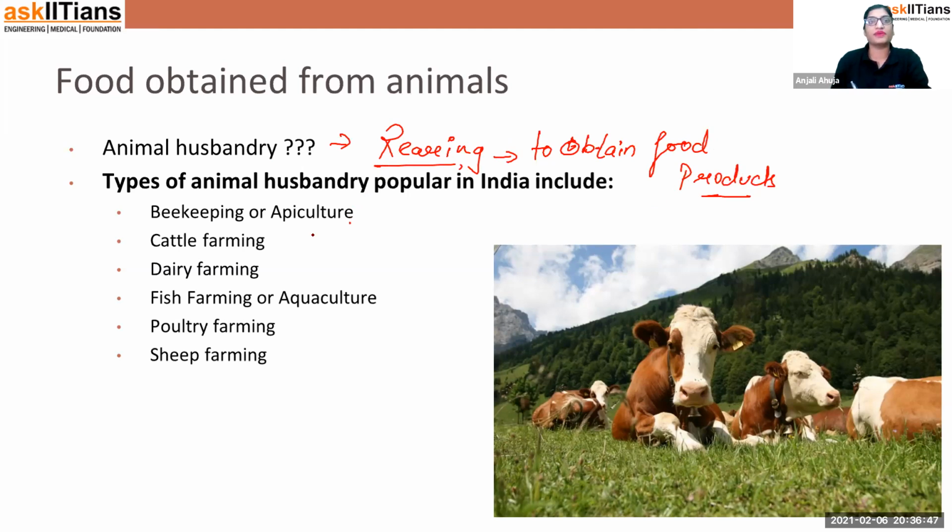First are beekeeping, cattle farming, dairy farming, fish farming, poultry farming, or sheep farming. Other than these, there are also many branches. We are just taking care of the animals so that we can benefit from them. We obtain food and other products as well. Here we will be learning a few examples.